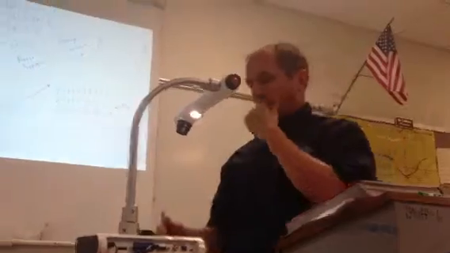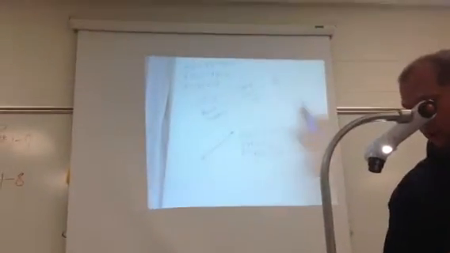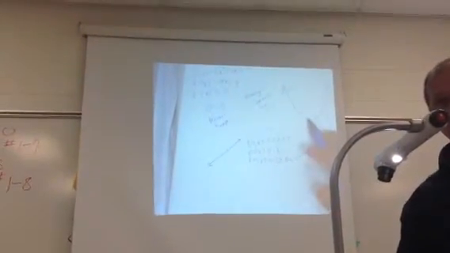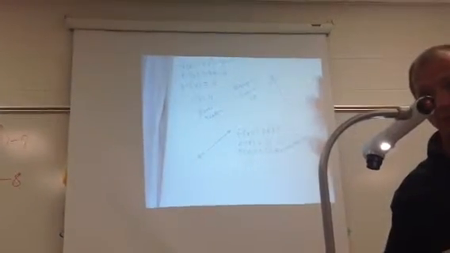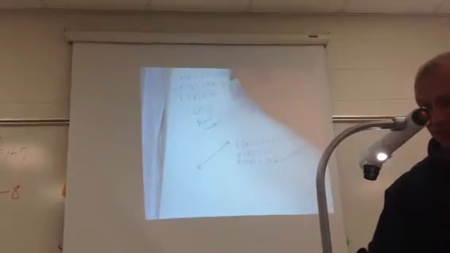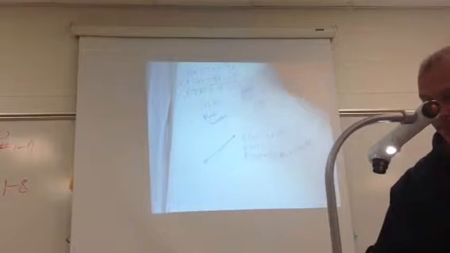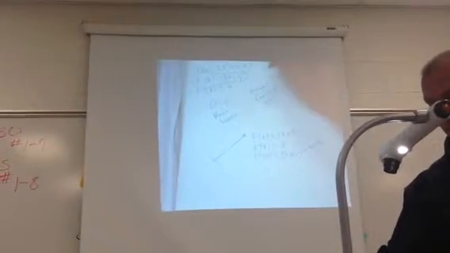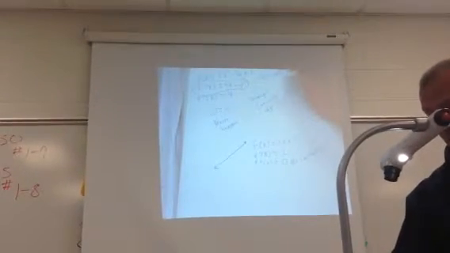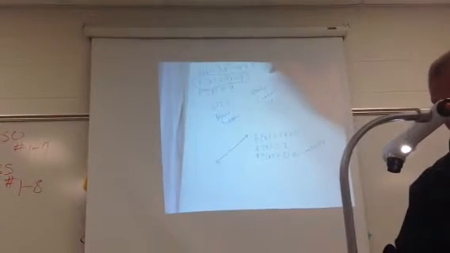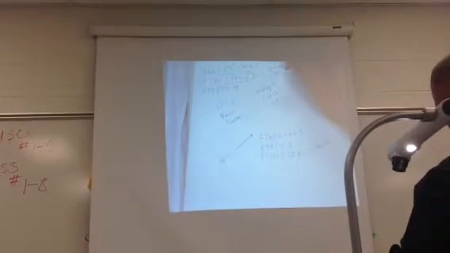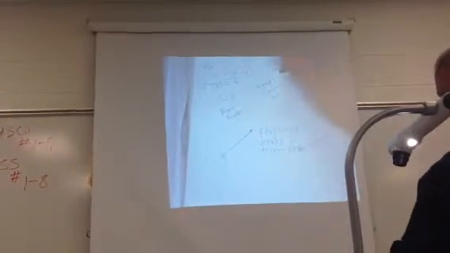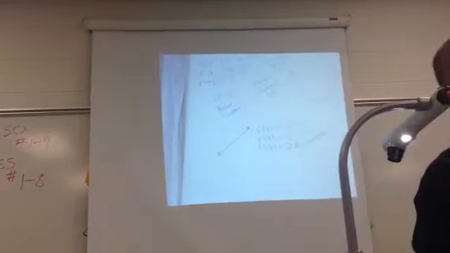Alright, let's look at this. If you go to this one, you can tell that from here to here it's decreasing, and from here to here it's increasing. Well, let's look at the first derivative here. If we set it equal to 0, we get 4x minus 4 equals 0. So that would mean that 4x equals 4. So x equals 1.